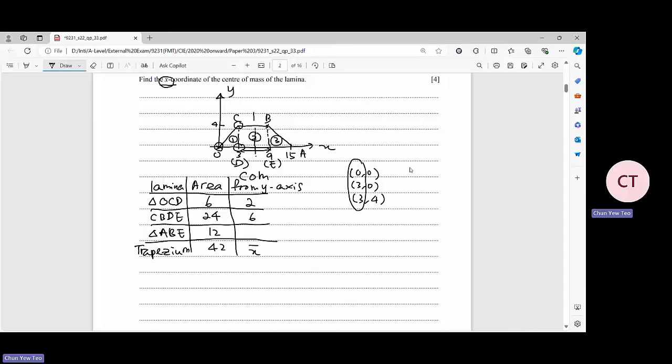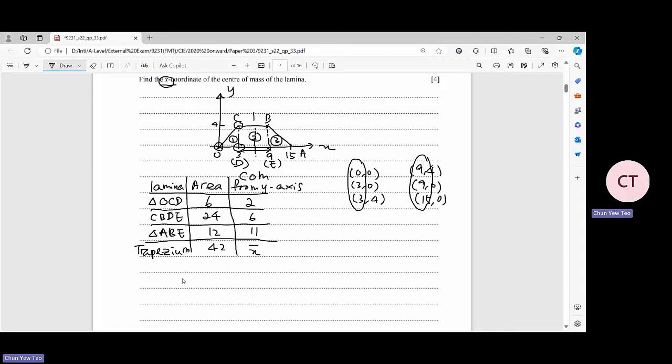The coordinate for point B is 9, 4. The coordinate for point E is 9, 0. The coordinate for point A is 15, 0. So add the 3 together, divide by 3: 9 plus 9 plus 15, get 33. 33 divided by 3, you get 11. Okay, so this is what we have.